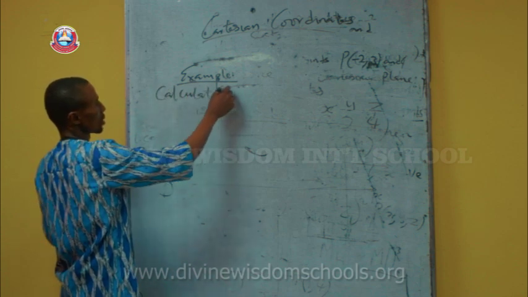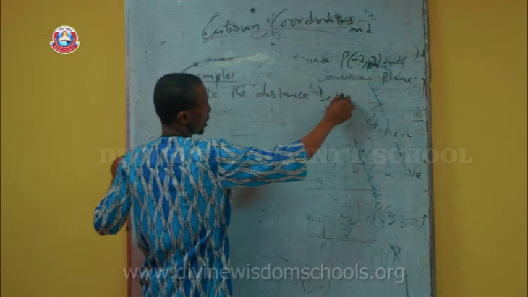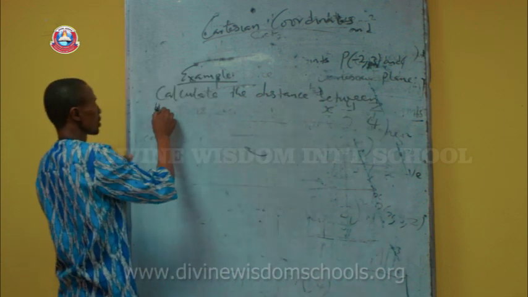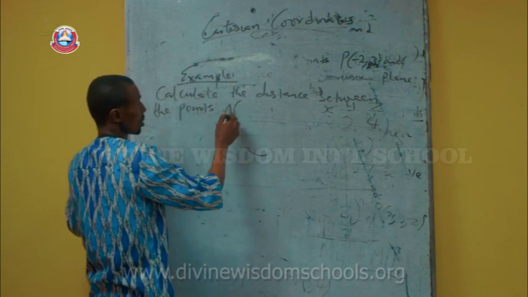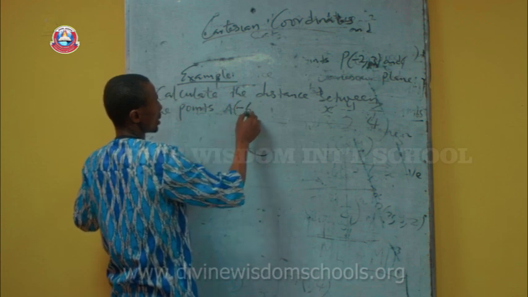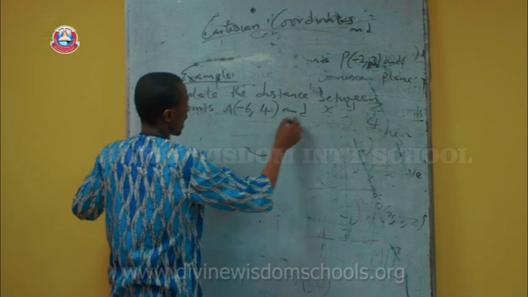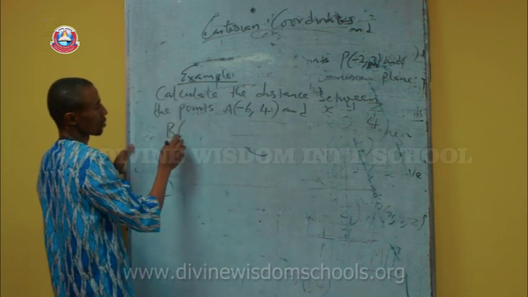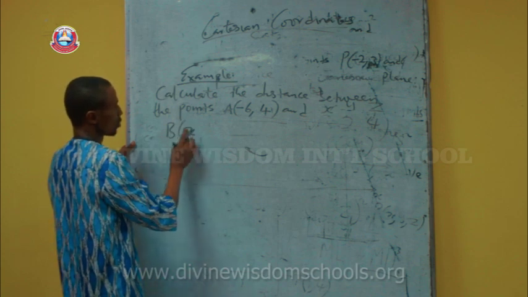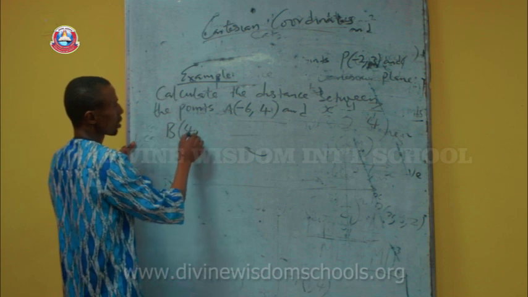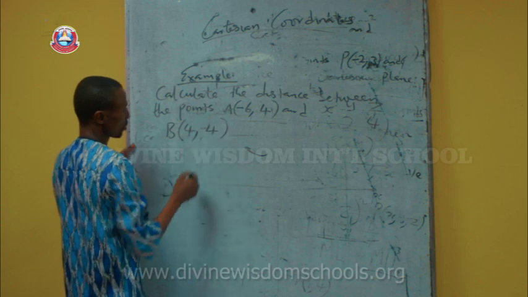Calculate the distance between the points. We have A (minus 6, 4) and B (4, minus 4).